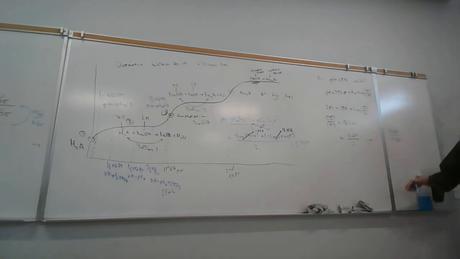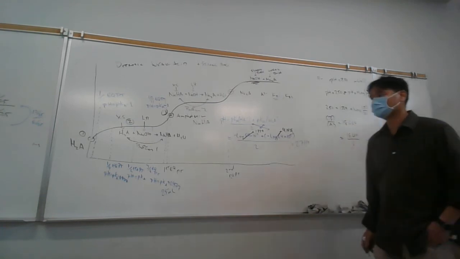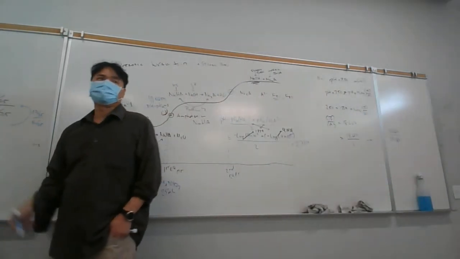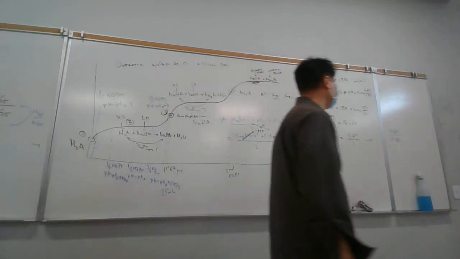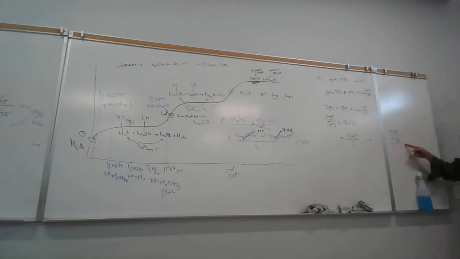I just add them up because this is the total parts here. The total parts of base plus the total parts of acid will equal the total parts altogether, the same thing we did over here. Now, that's how many parts of base I have. How many parts of acid do I have? Well, I only have 1 part of acid out of a total of 19.664. So do you see we're just going backwards here?